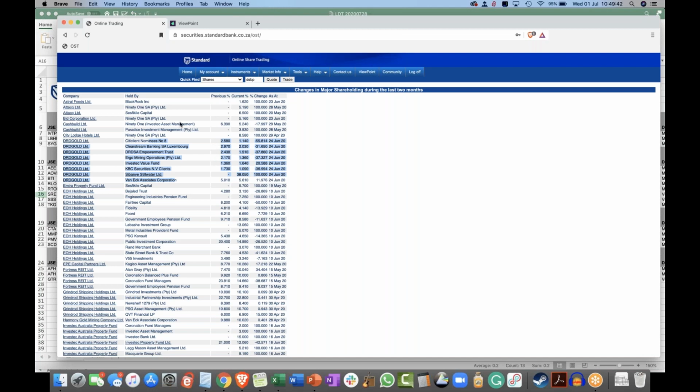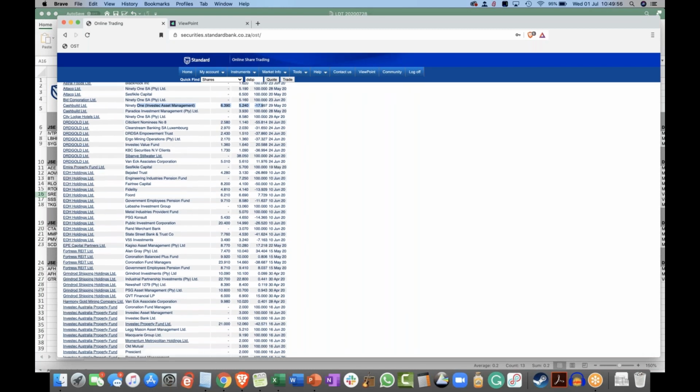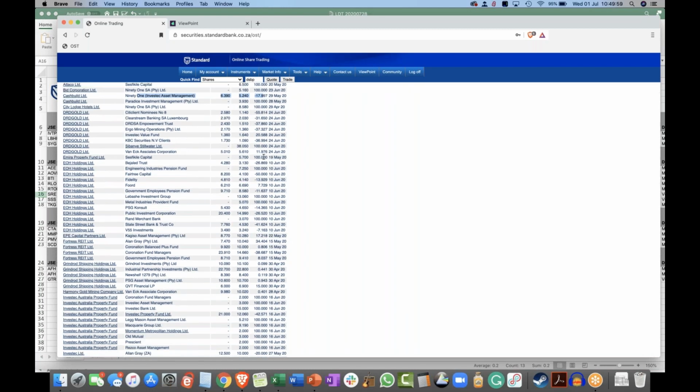For example, Investec Asset Management has gone from 6.39 to 5.24, which is a 17% drop. You can see other moves here. For example, Imara Properties, Sefekele Capital, gone to 5.7. So a 100% increase. Now, they could have been at 4.99, crossed the 5% threshold, and then they have to, as per the Companies Act. We can't be sure about that.